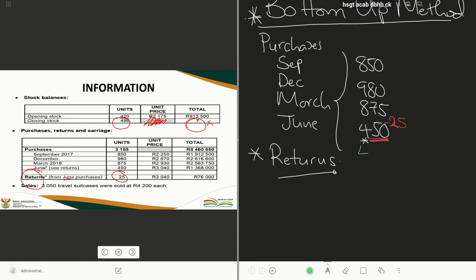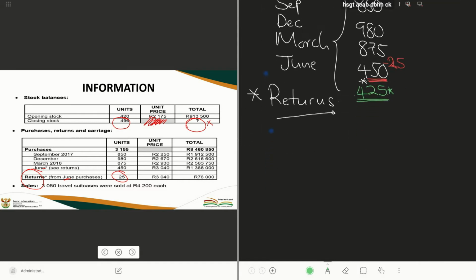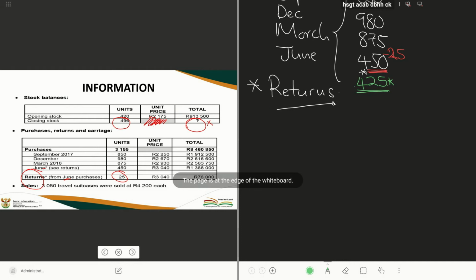In June, you only have 425 units left. This is very important. When this is done, boys and girls, let us now apply our bottom-up method.